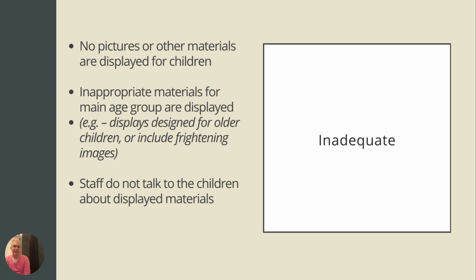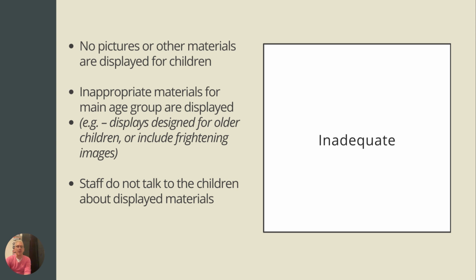It would be inadequate to have no pictures or other materials that are displayed for children. That would definitely be graded as inadequate. Another is inappropriate materials for the main age group.